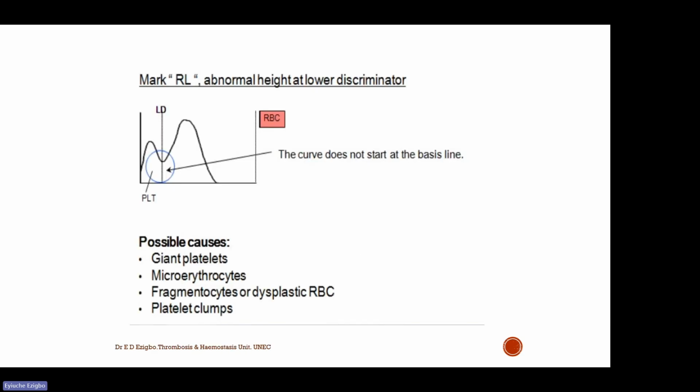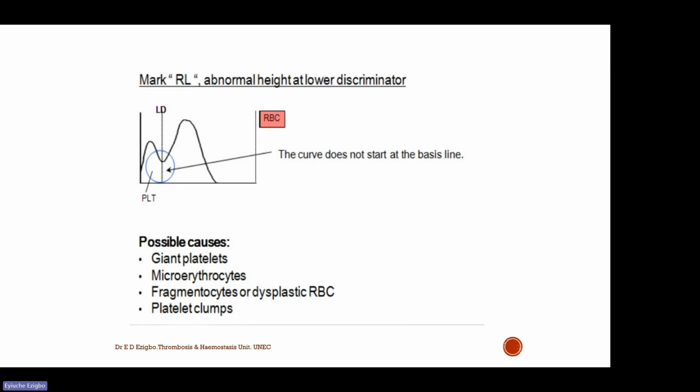So here, this is what I was trying to let you know when we get to the graph. This is an RBC histogram, which is supposed to be unimodal. Now look at it here. It did not start from the baseline, number one, it started from here, generating bimodal peaks, two peaks. The normal one is supposed to be unimodal, but that is not what it is.